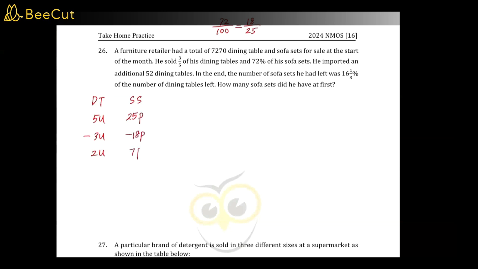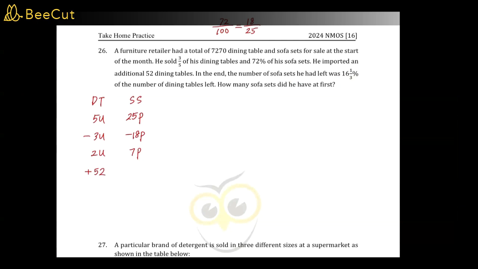There's 7p left. Okay. After that, he imported an additional 52 dining tables. So in the end, the number of sofa sets is 16 1/3% of the dining tables.